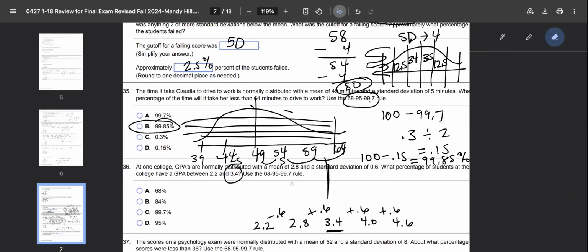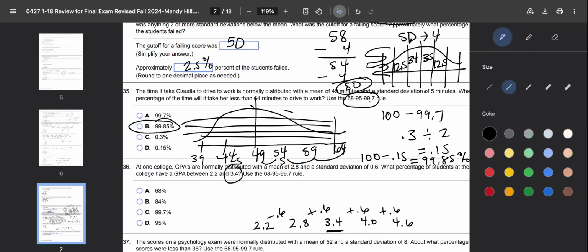So the mean is at 2.8, like right in here. If I went down again, I don't need to, but I would subtract 0.6. I'm just trying to make the graph complete. So that would be 1.6. So here's my standard deviation.